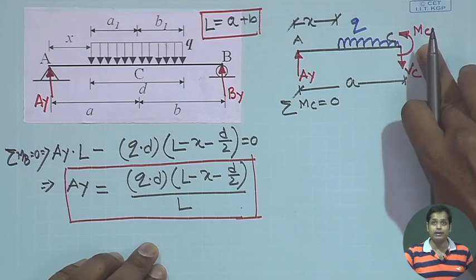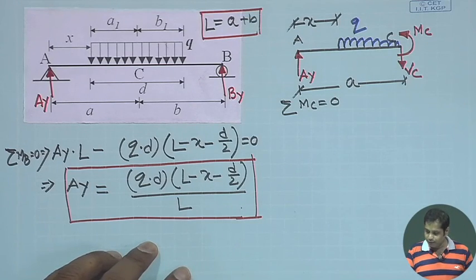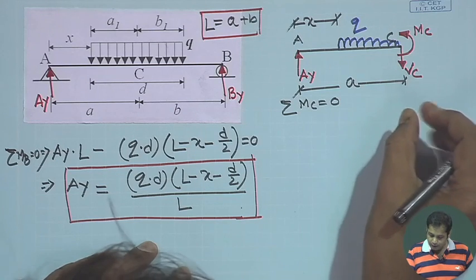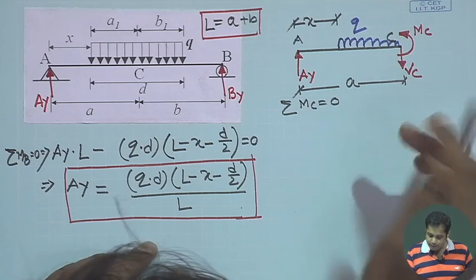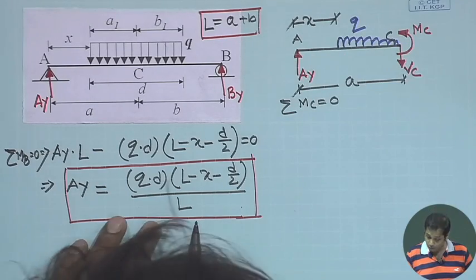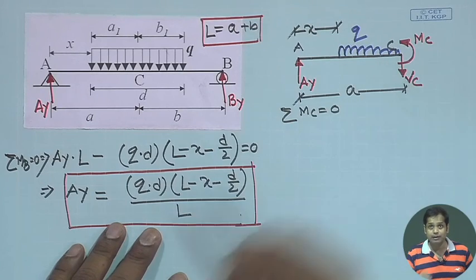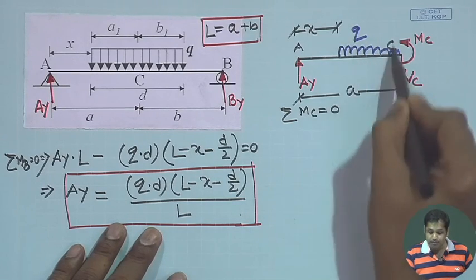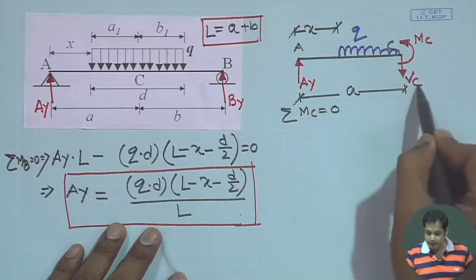What are the forces that will contribute to this moment? This Ay, which will cause a clockwise moment, the MC itself, which is anti-clockwise, and the moment due to Q, which is anti-clockwise.